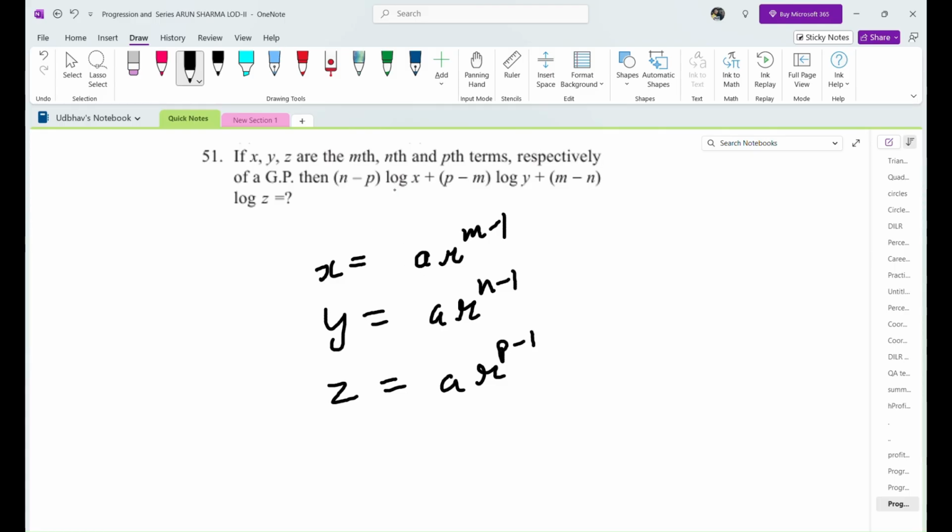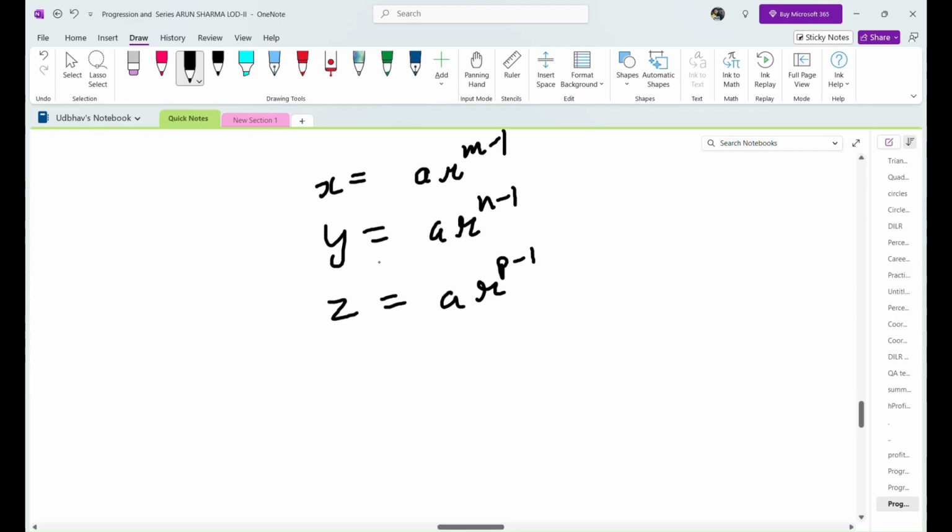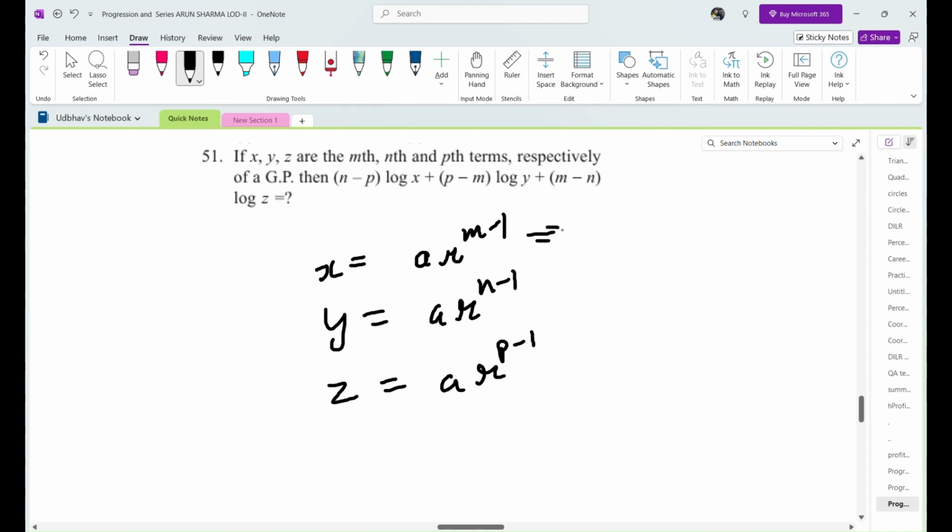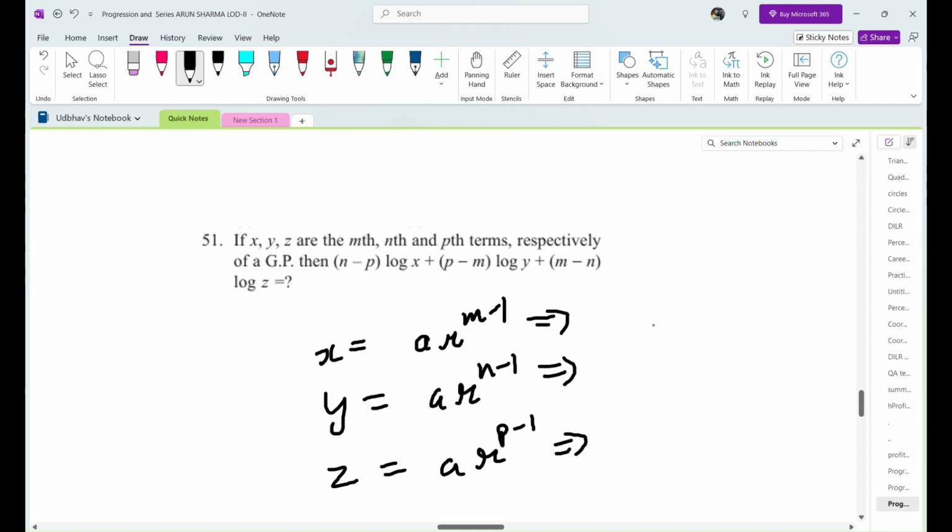We have to find n minus p log x. So we can see that they are taking log of x, log of y, log of z. So we are also gonna take log in each of these.